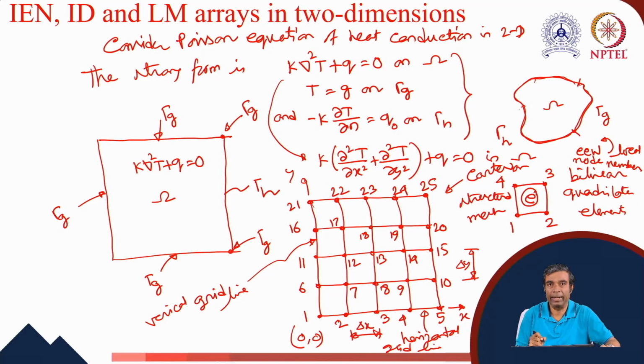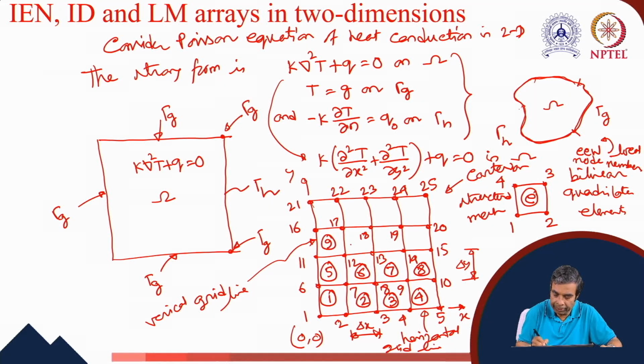Now let us identify the elements. So this is element 1. We identify the element with a circle. Element 2, 3, 4, 5, 6, 7, 8, 9, 10, 11, 12, 13, 14, 15, and 16.